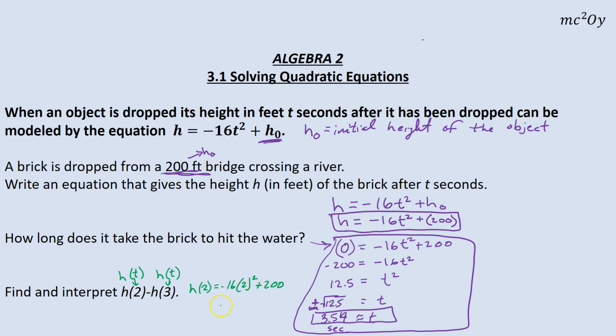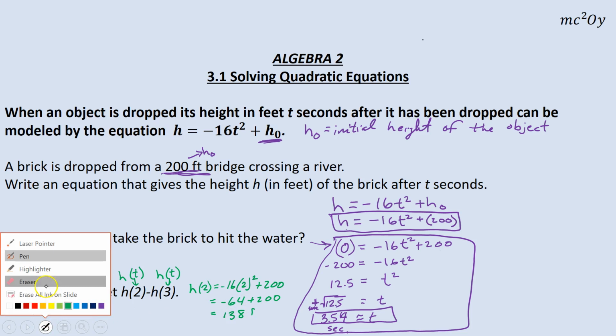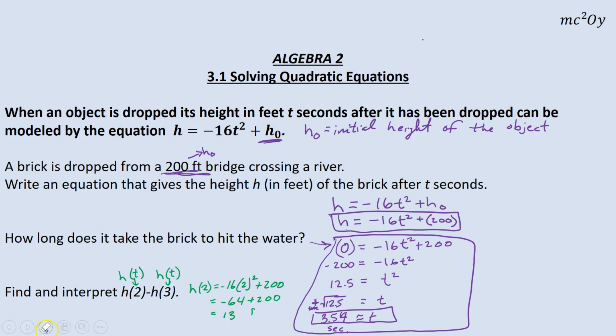So this will be 4 times negative 16, or negative 64, plus 200, which would give me a value of, oops, that's not 138. Sorry, that would be 136 feet.